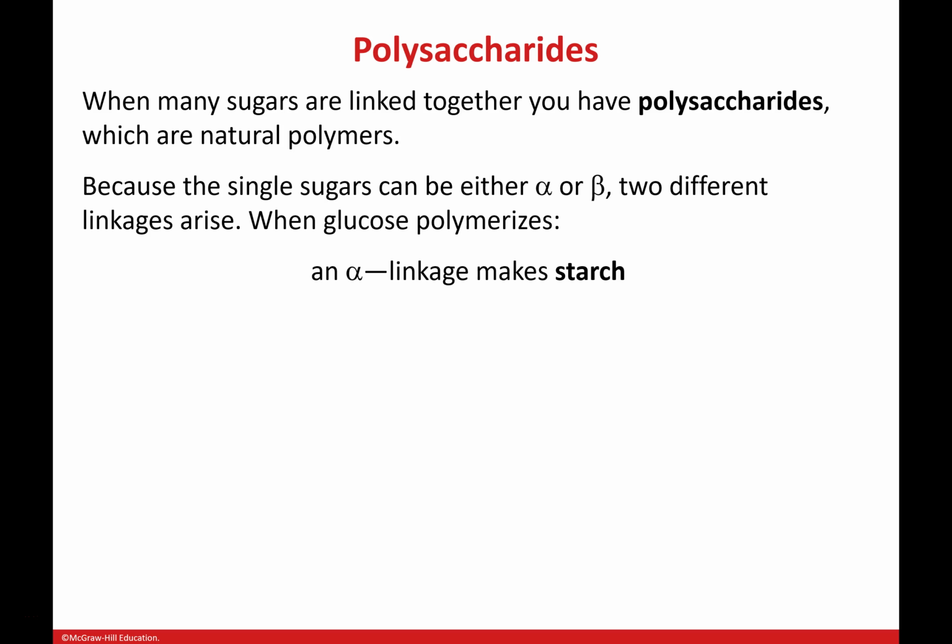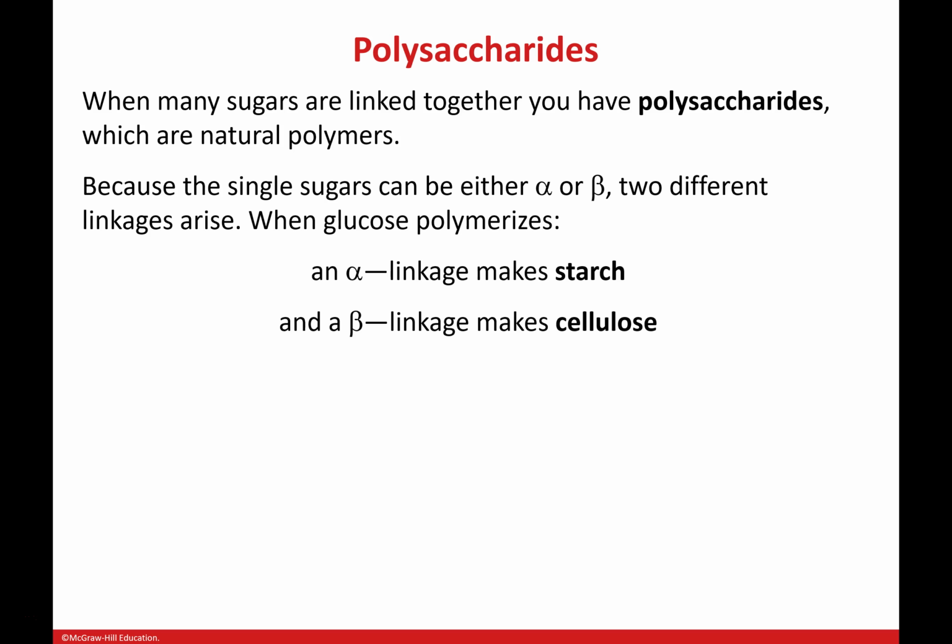Take that one glucose that we saw before, do glucose to glucose, glucose to glucose, etc., and you'll make a starch molecule. Beta linkages, and you'll make cellulose. Now, which one of those do you think we digest? Starch or cellulose? Starch, yeah. What about alpha to beta? Because that's what this is here.